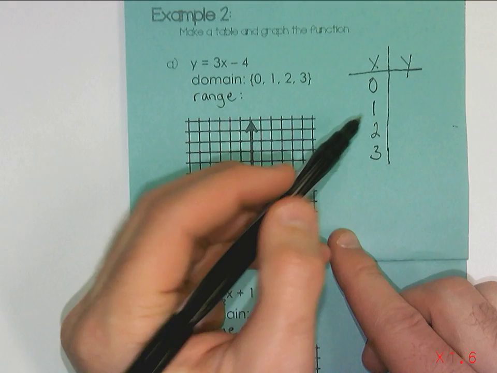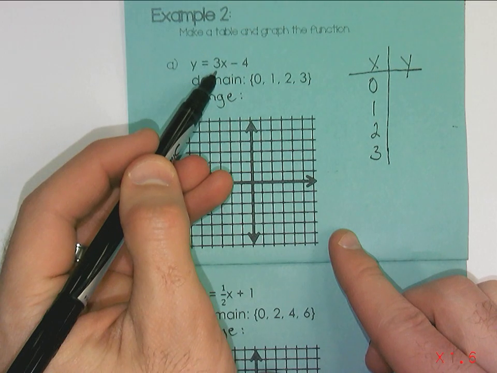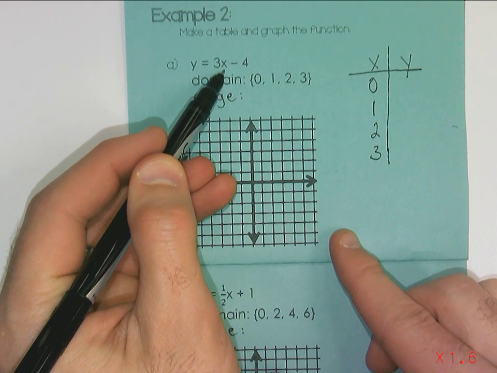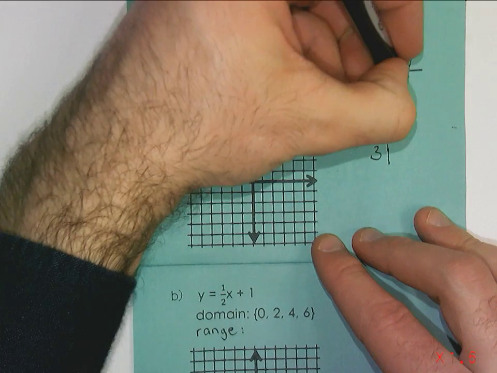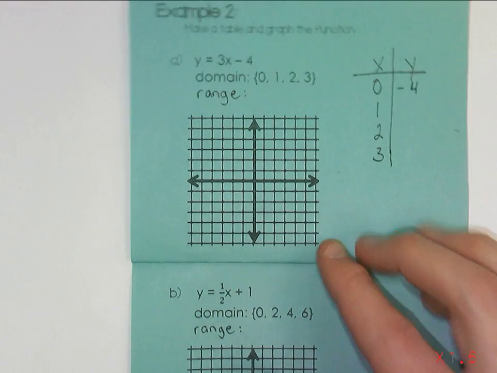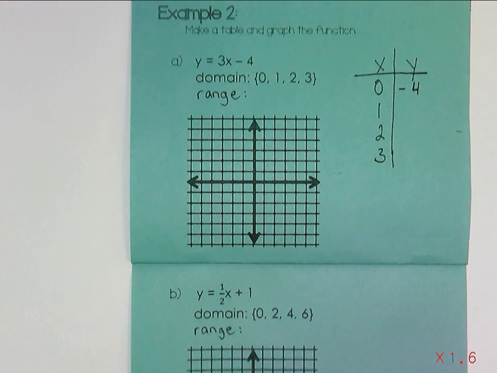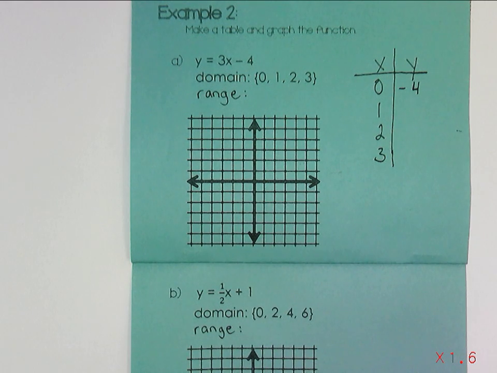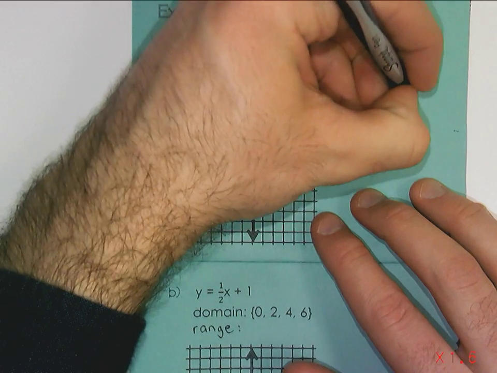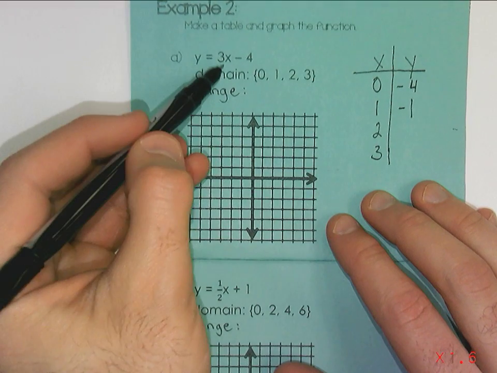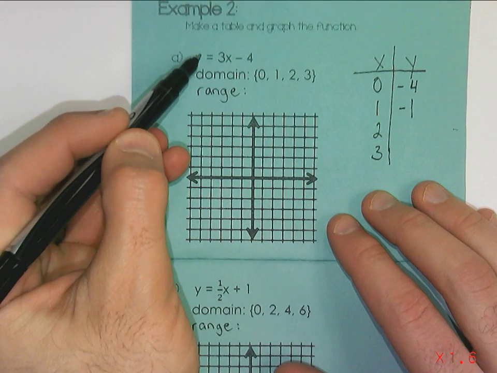So if I put 0 into here, I'd end up having 3 times 0, which is 0, and then 0 minus 4, which would be negative 4. If I do the same thing for 1, 3 times 1 is 3, 3 minus 4 is negative 1. So you see you're just substituting your values of x into here in order to get your y value.